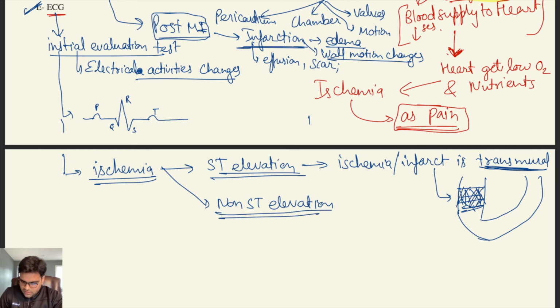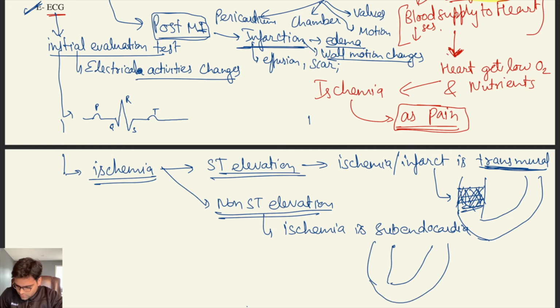Non-ST elevation means ischemia is subendocardial. Consider this as a wall of the heart. So this is the inner chamber. So only this part gets ischemia. This is the endocardium, and the section below the endocardium gets infarction. So this is non-ST elevation MI.